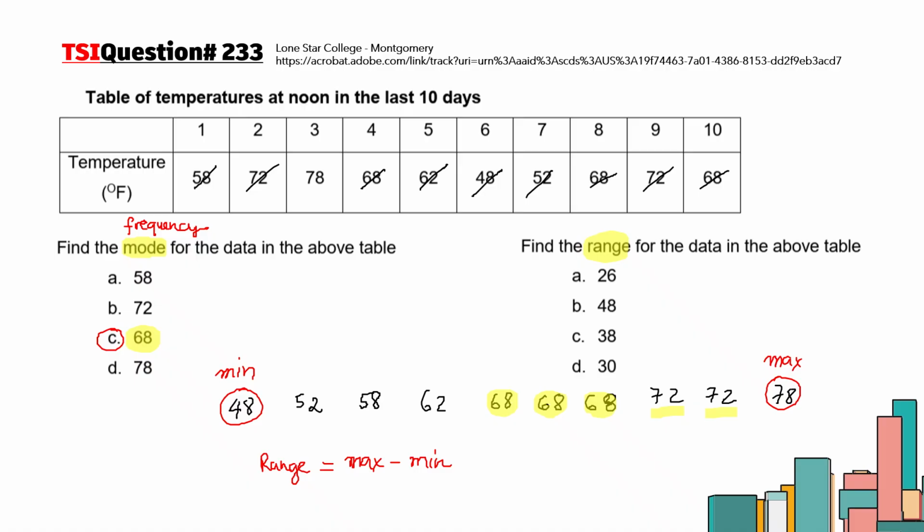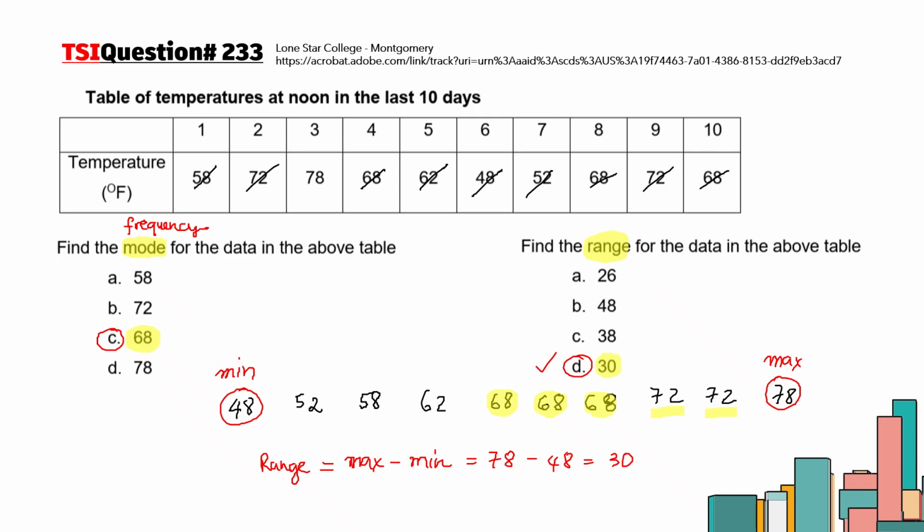So we have 78 minus 48. That is 30. So D is the correct answer. For those questions, we just need to know what it is and then we apply it.